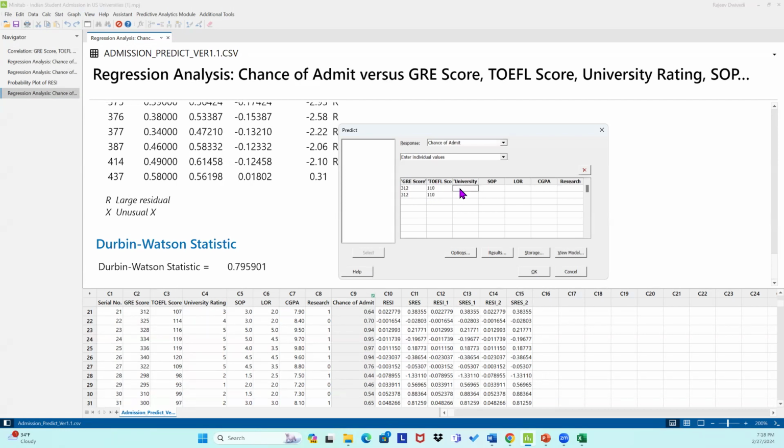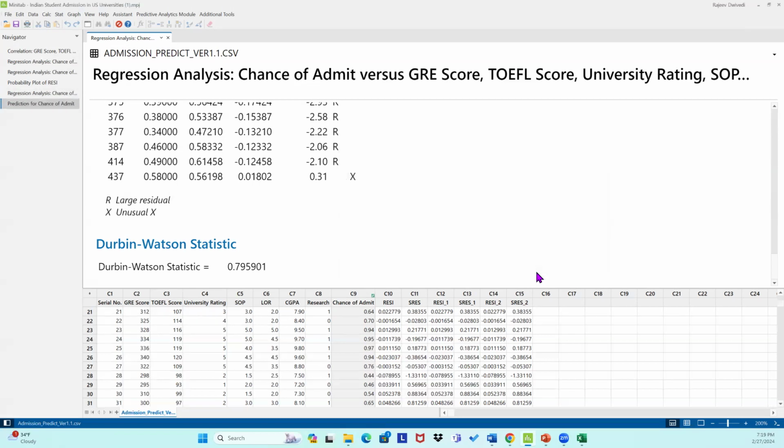University rating, let's say I'm putting the highest and for the other the lowest. Statement of purpose, again 5. And letter of recommendation, let's say I'm putting 4 at both places. GPA 9, and research, let's say I'm putting research for both.